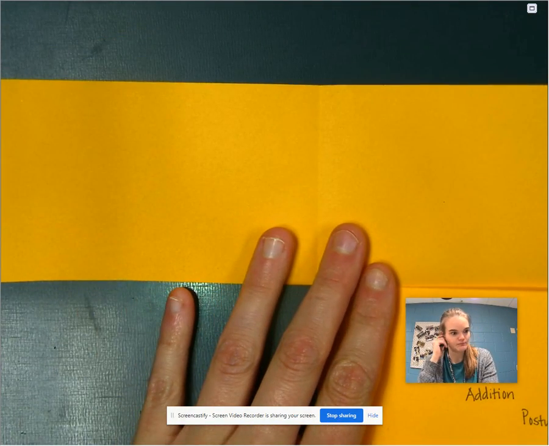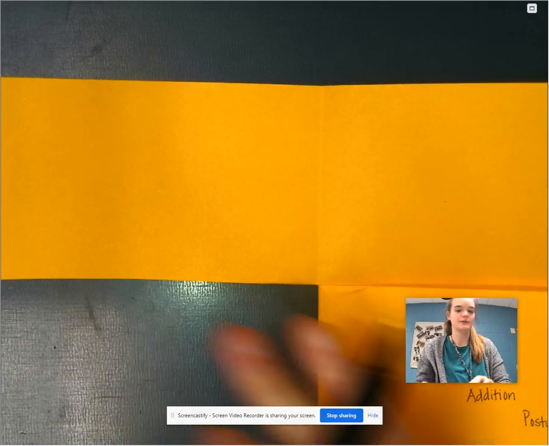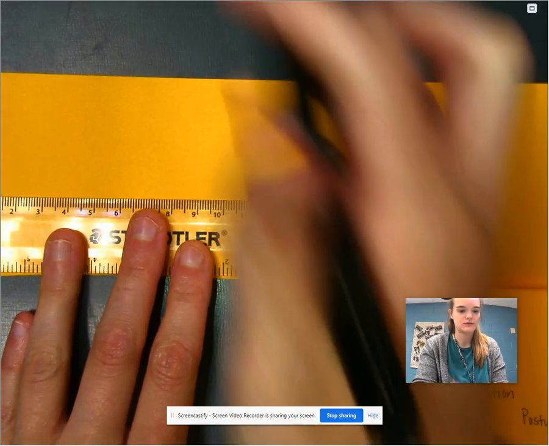And we're going to draw a straight line. Since it is a linear pair, it means we need a line. So go ahead on this flap right here and draw a line.